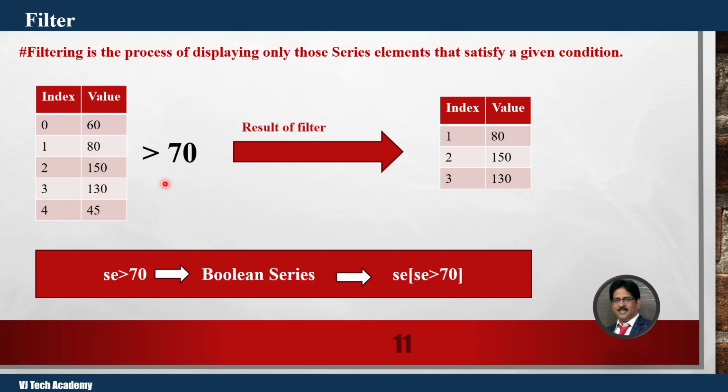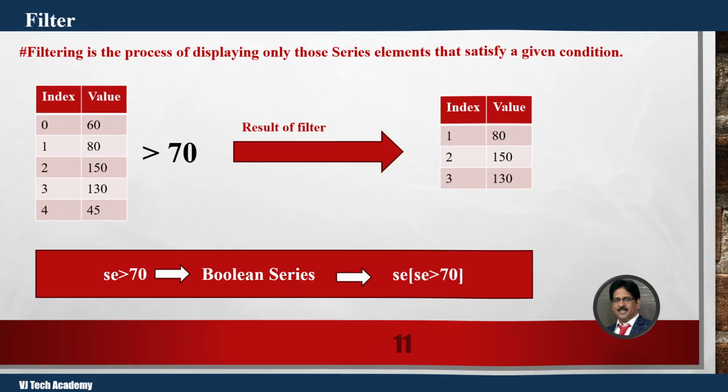If I pass this condition SE greater than 70 within the series object, this will compare each value, and wherever we are getting the result true will be displayed. Hence, the output of this filter statement will be displayed as 80, 150, 130.